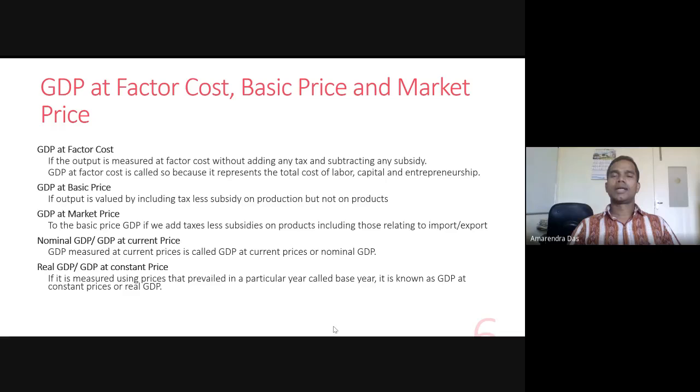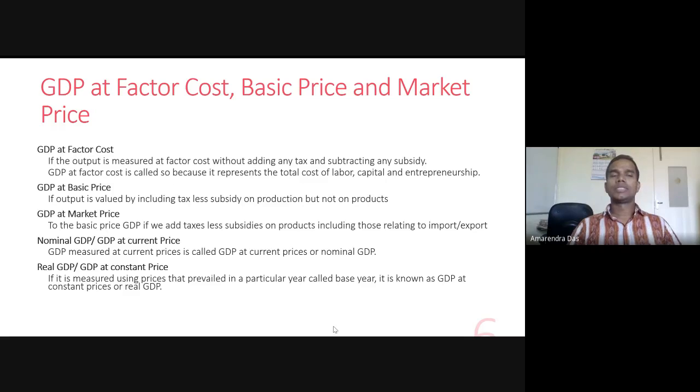State governments, on the other hand, impose a tax on the product, that is basically a sales tax, that is state GST. So remember that when we are estimating GDP at basic price, we are including only the factor cost plus all the taxes that are imposed on the production, and we deduct the subsidy that is received by the producer. So that is GDP at basic price.